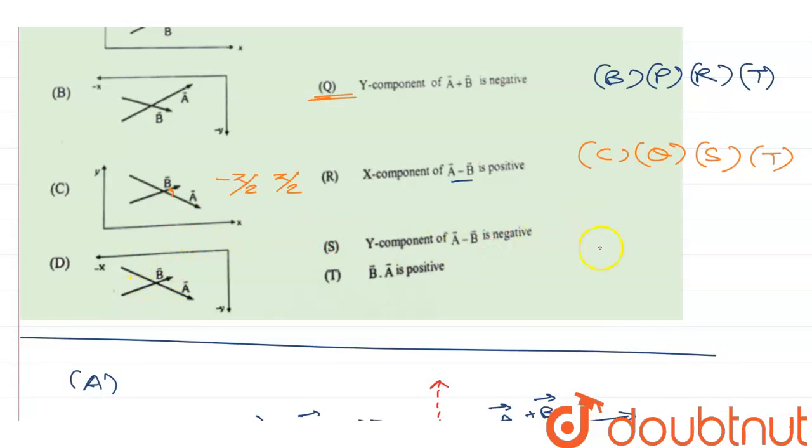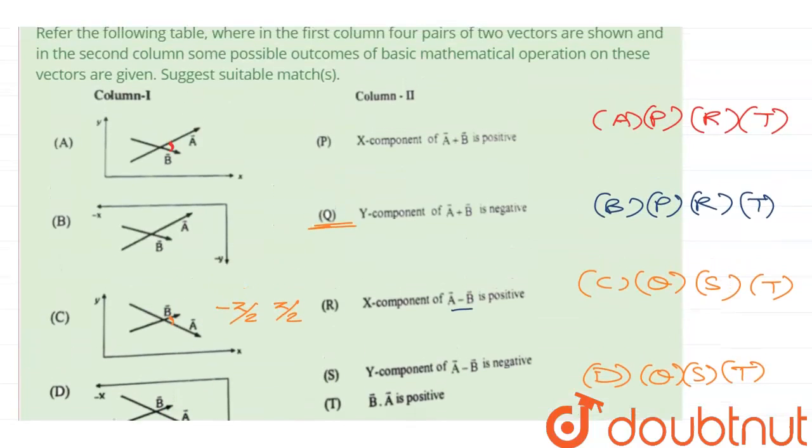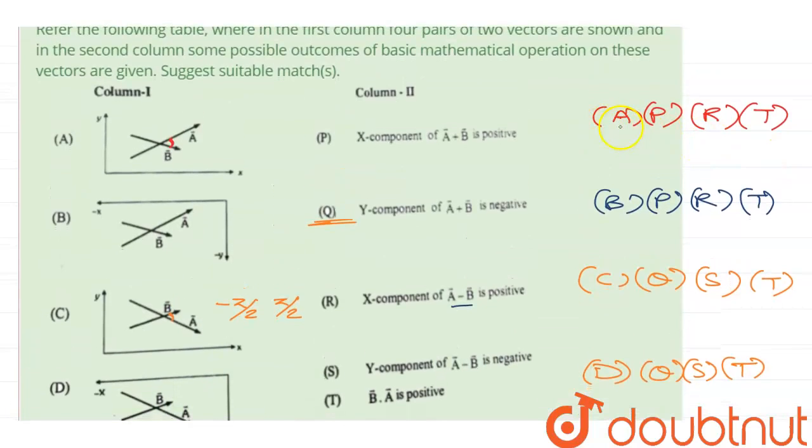So our answers are not going to change. So for D also, the options Q, S and T will be valid. So the answer to the questions are A matches with P, R and T, B matches with P, R and T, C matches with Q, S and T, and D matches with Q, S and T.